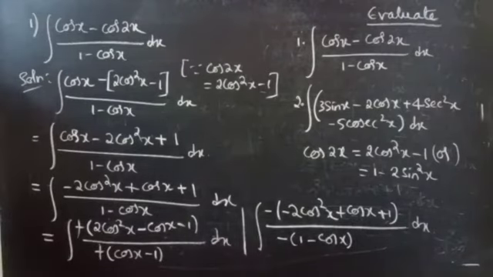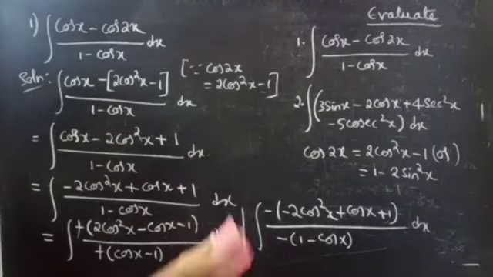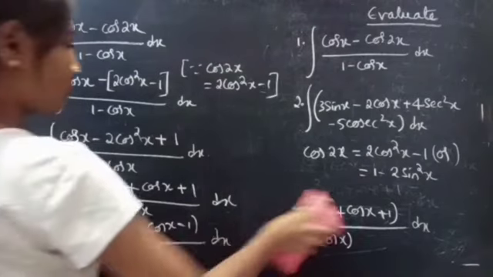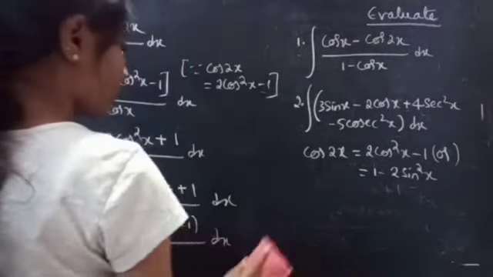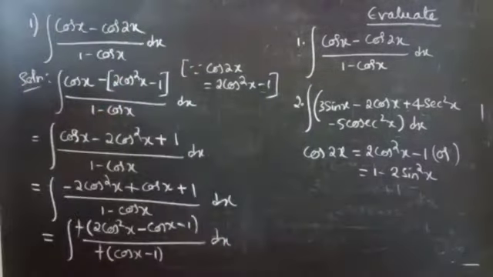Okay, you can use any of these two methods. Either you can take minus common from the numerator and denominator, or you can multiply with minus in the numerator and in the denominator. It's up to you.